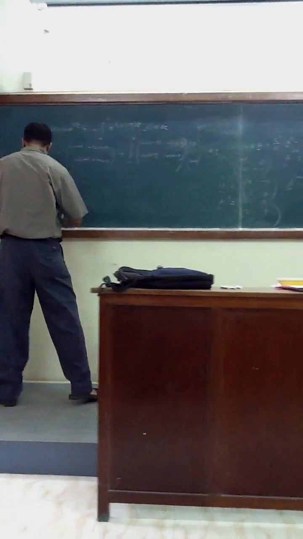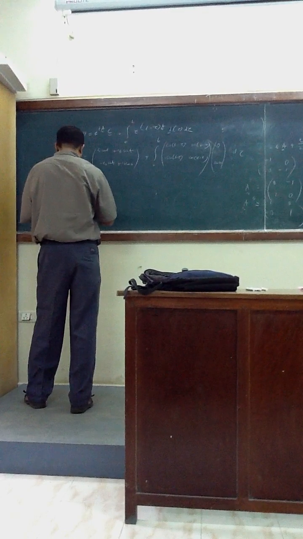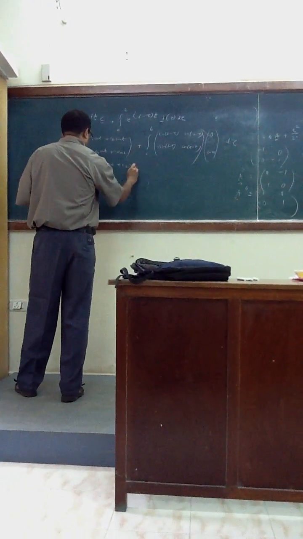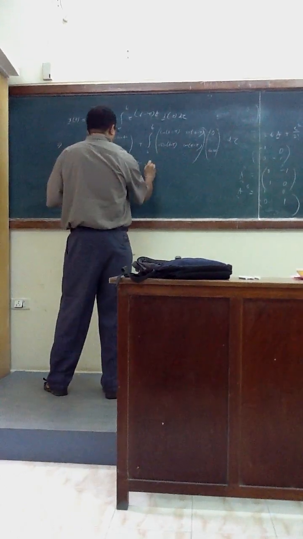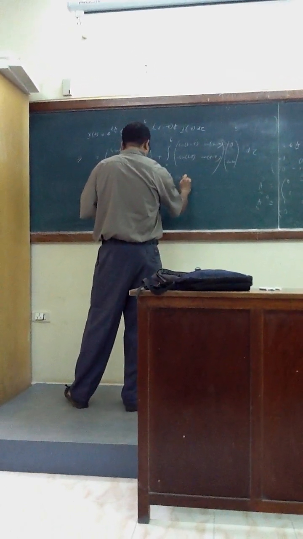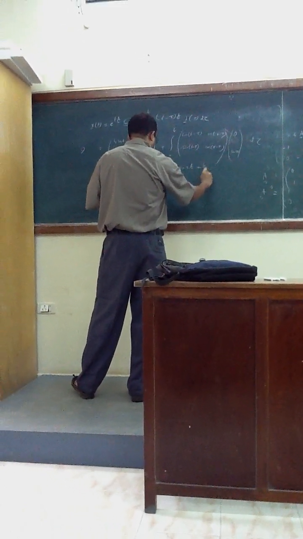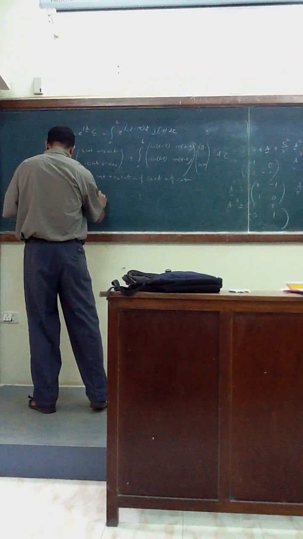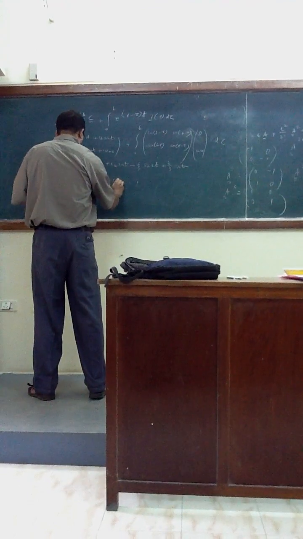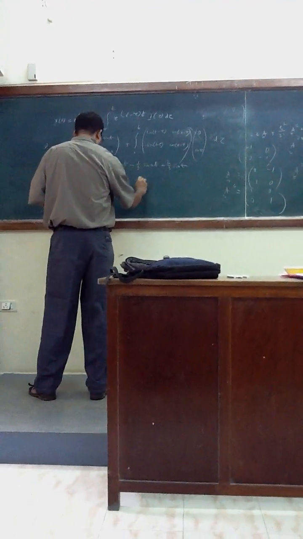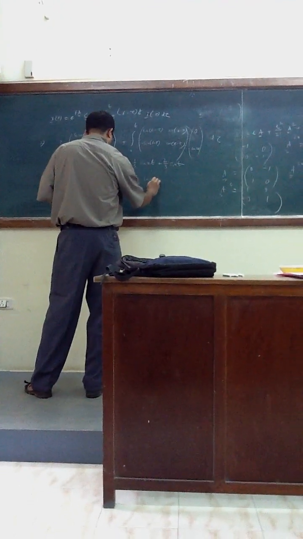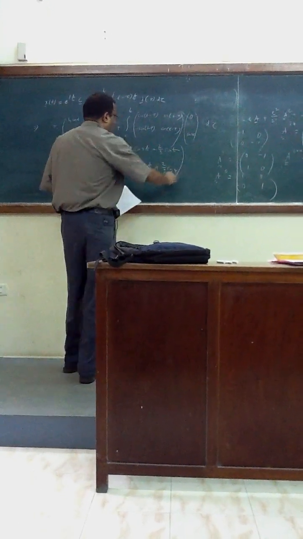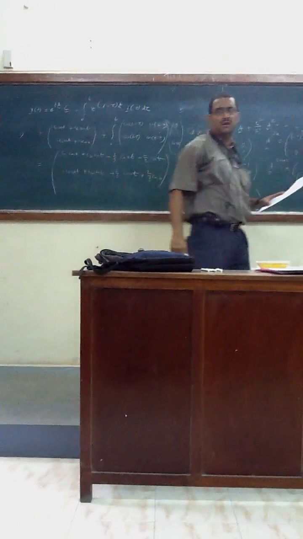Okay, so the final answer, you can go back home and do that, which is c1 cos t plus c2 sin t minus 1/3 sin 2t plus 2/3 sin t, and minus c1 sin t plus c2 cos t minus 2/3 cos 2t plus 2/3 cos t. You can go back and verify this, very simple. Okay.